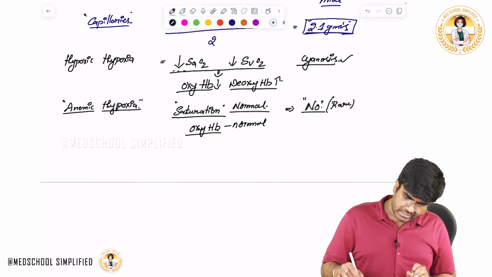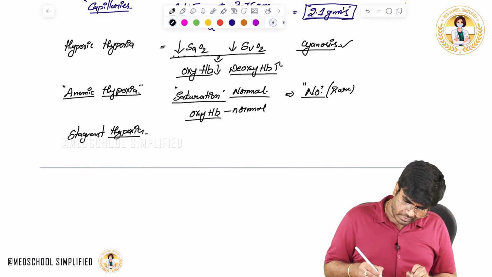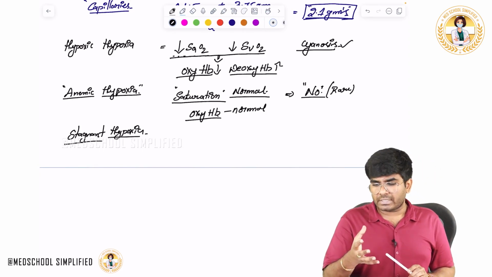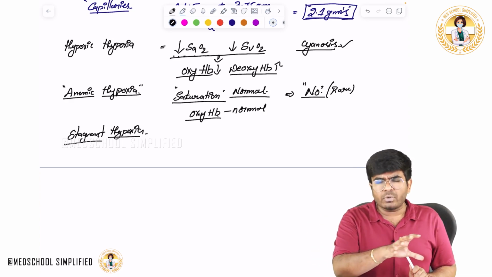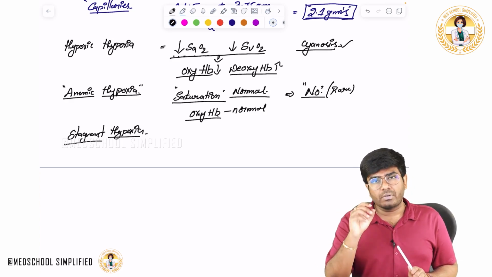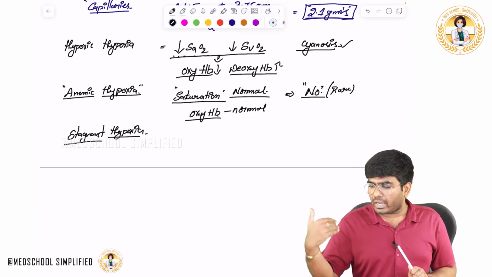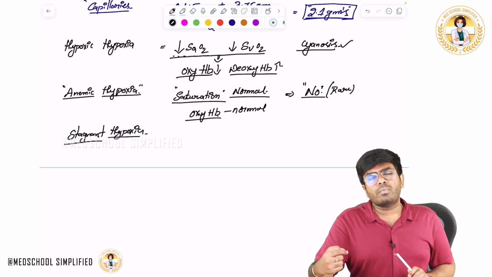Next one is stagnant hypoxia. In stagnant hypoxia, the flow of blood is going to be very, very slow. The blood is going very slowly, so the tissues are extracting as much oxygen as possible from the blood. So what happened to the amount of oxygen binding with the hemoglobin?